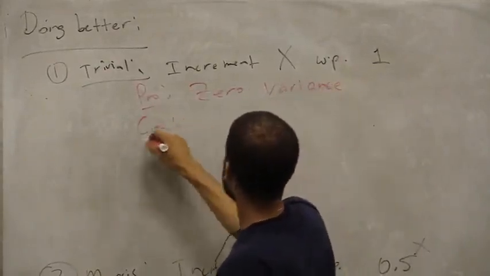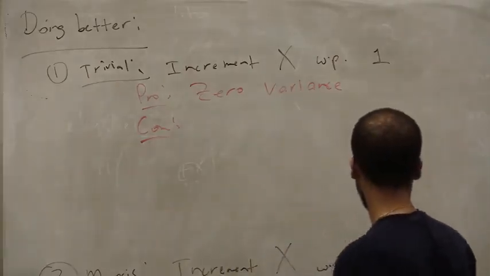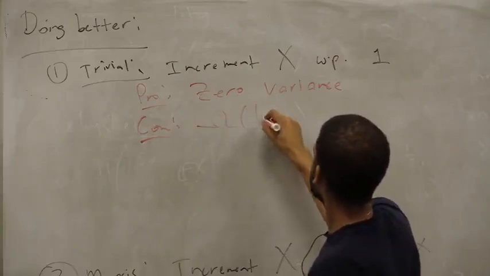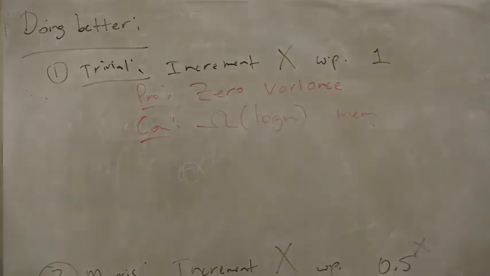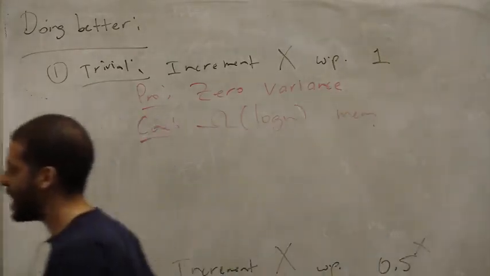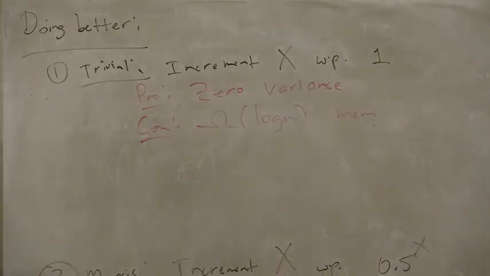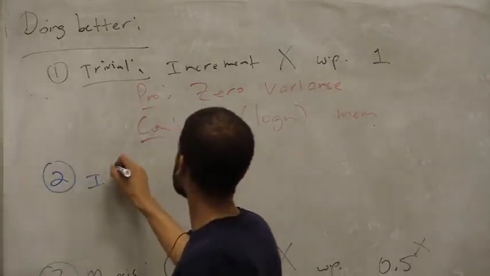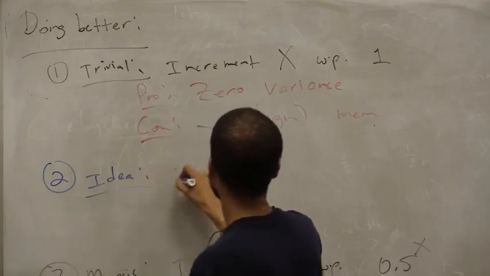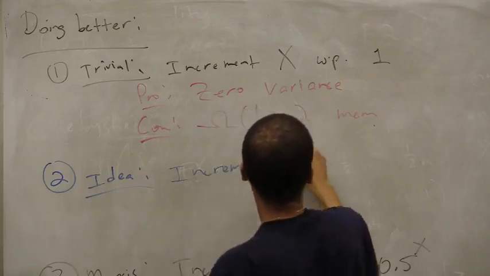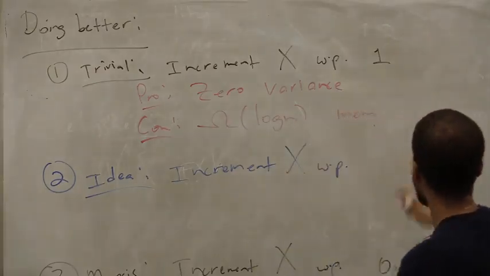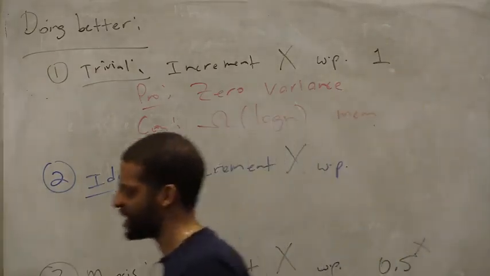The con is that you're using more memory: log n bits, whereas here you're only using log log n. So the idea is, why don't we do something in between? Increment x with probability not 1 to the x. 1 is the same thing as 1 to the x, right?